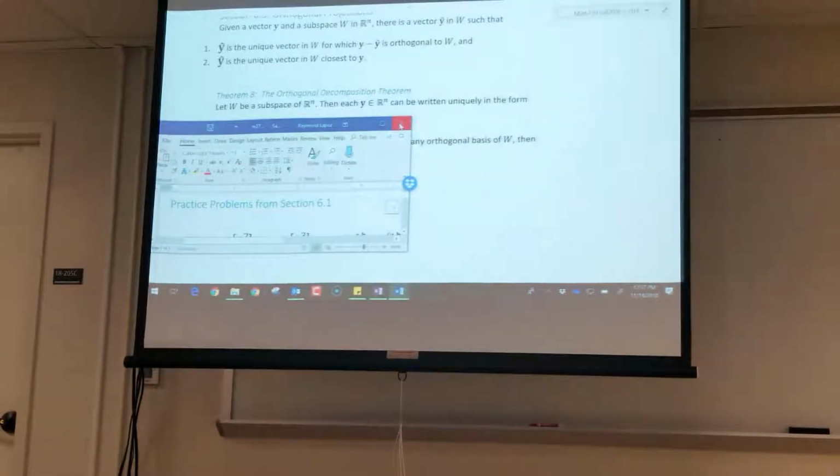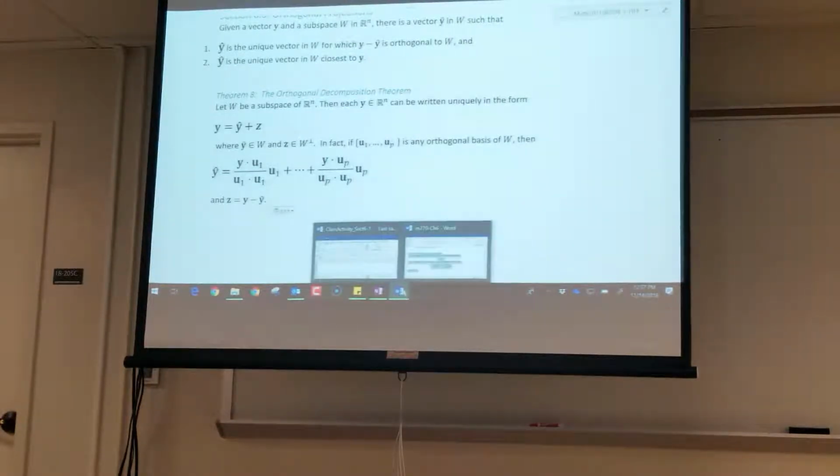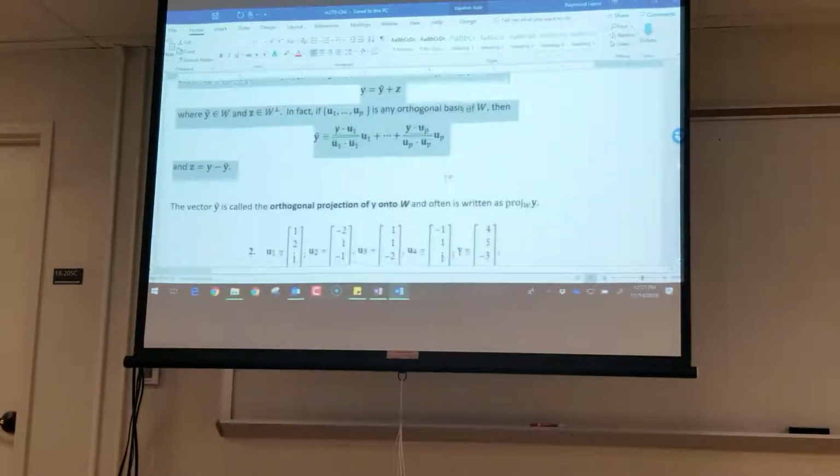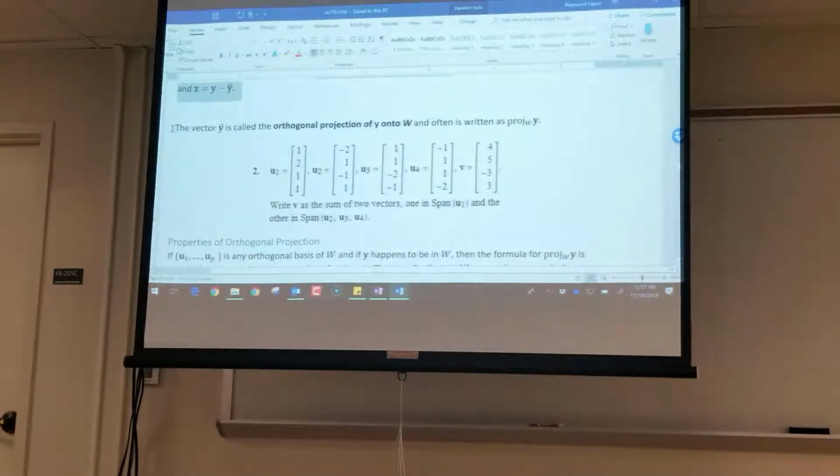Where's my example? Oh, by the way, we already know, but just in case, y hat is the orthogonal projection of y onto W. Now, we had orthogonal projections onto a vector and maybe even onto a line, but now we're talking about a general space.